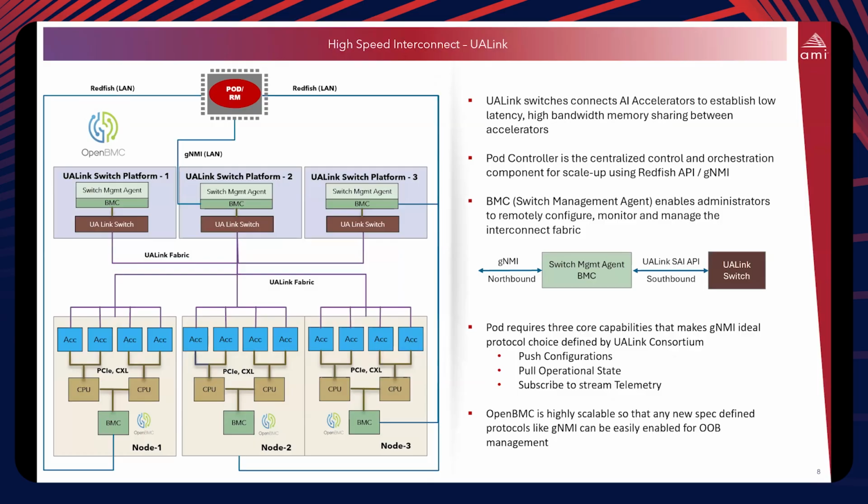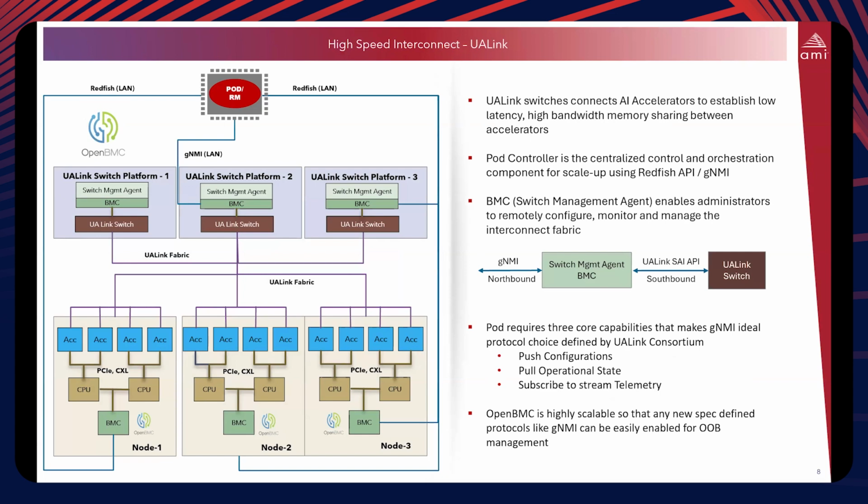So next, let's move on to high-speed interconnect, especially the UALink switch. The UALink switch is the upcoming standard which connects the AI accelerators, right? It provides high bandwidth and low latency memory sharing between the accelerators.